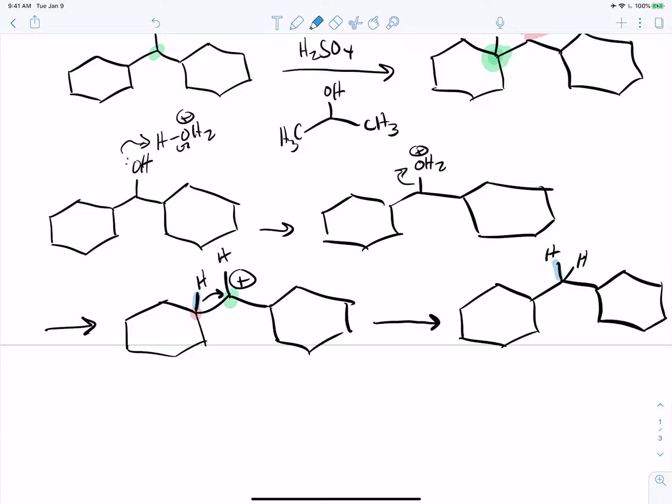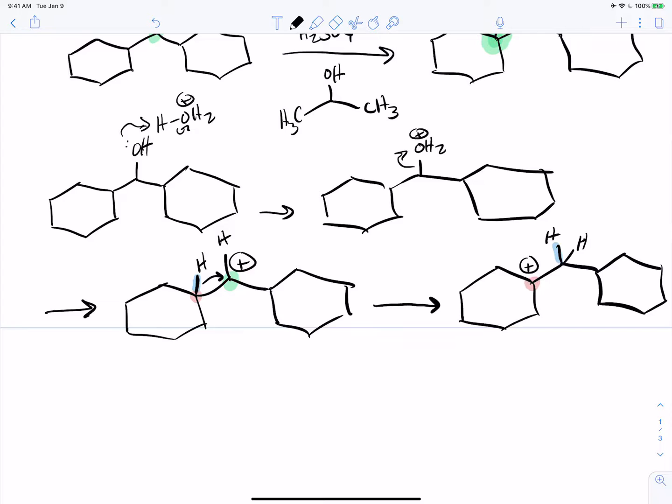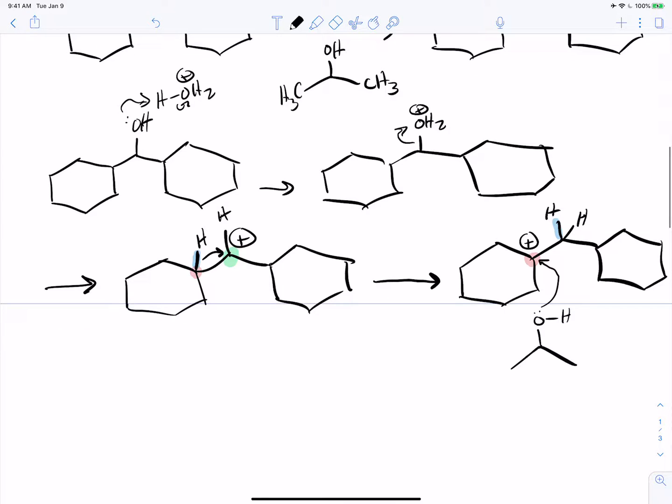And now this carbon is down a hydrogen, right? So it's picked up a positive charge. It lost those two electrons, and so it's hypovalent. Now we can see where the isopropanol comes in at. So now I've got the carbocation there. This thing's nucleophilic. Bing, it goes in, attacks that positive carbon.